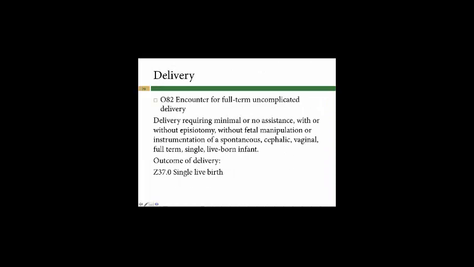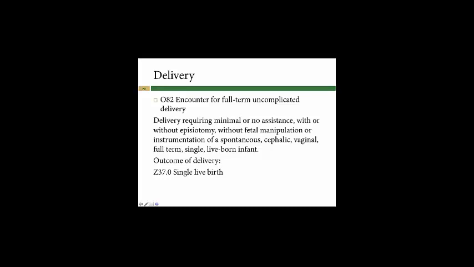We have one code for encounter of a full-term uncomplicated delivery. So I've slightly abbreviated the description here under 082. So if you look at 082 in your book, it's got a few extra words to it.